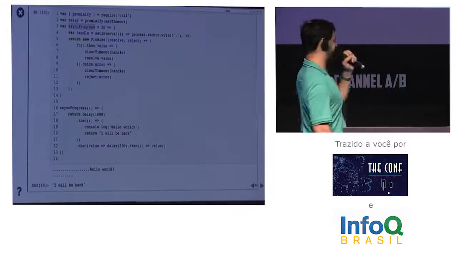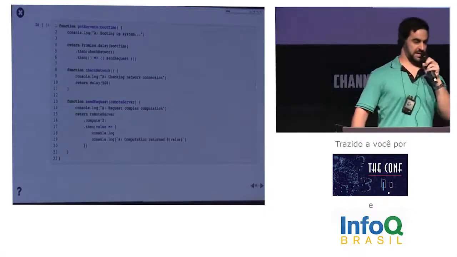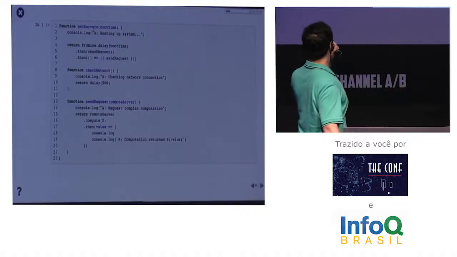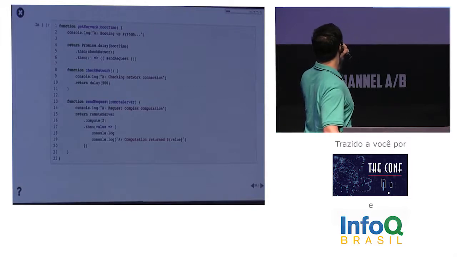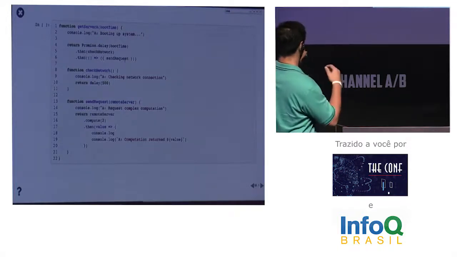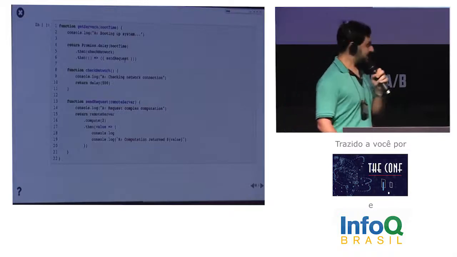Okay, so if we take this approach to rewrite the server example, we have a get server A constructor, then we bring something to the screen, then we delay for a few seconds, we check the network, then we create an object that represents the server A, and it has a function send request.